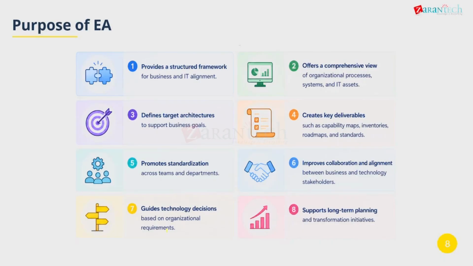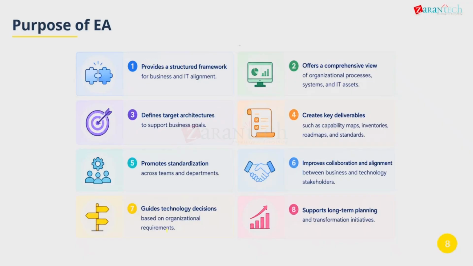So these are the 8 points that it gives. And the first cluster is about clarity and alignment. Okay. So you can take it this way: enterprise architecture provides a structured framework for business and IT alignment. The word structured is doing the work. It means a repeatable, consistent way of connecting the two, not an ad hoc connection.